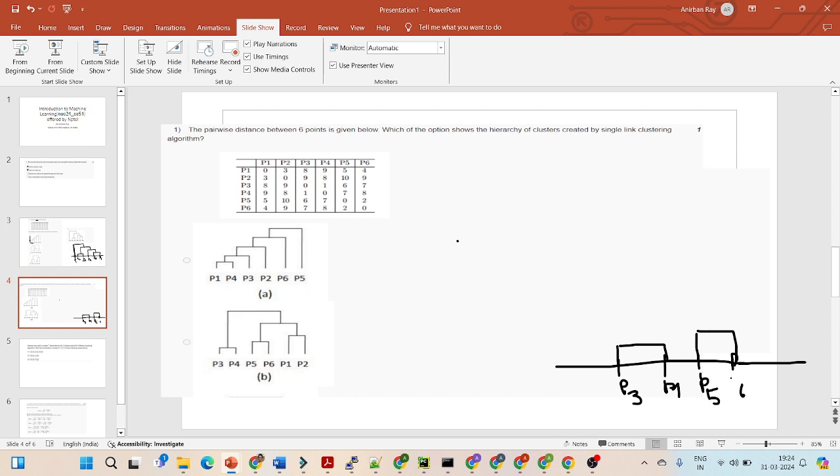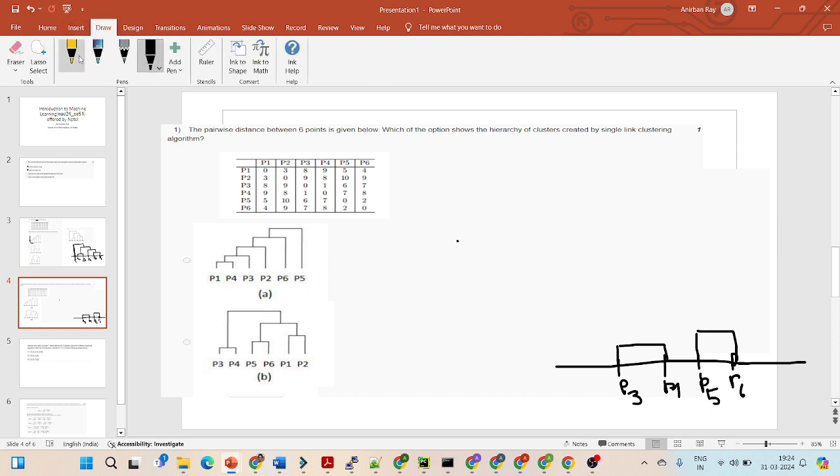Between P3 and P5, what have you written with your sketch pen? P3, P4. So this is P4 and this is P6. So now the next similar is P1, P2 here. This is P1, P2.